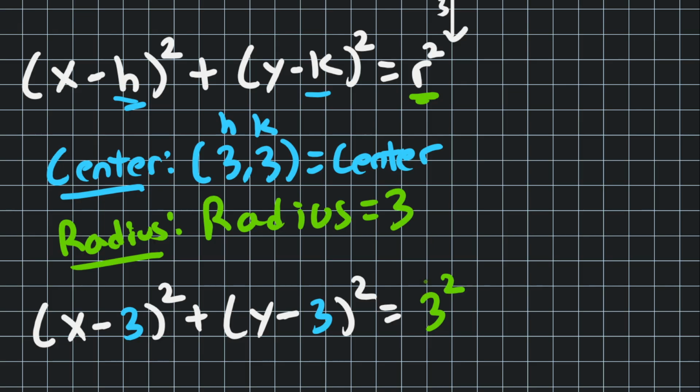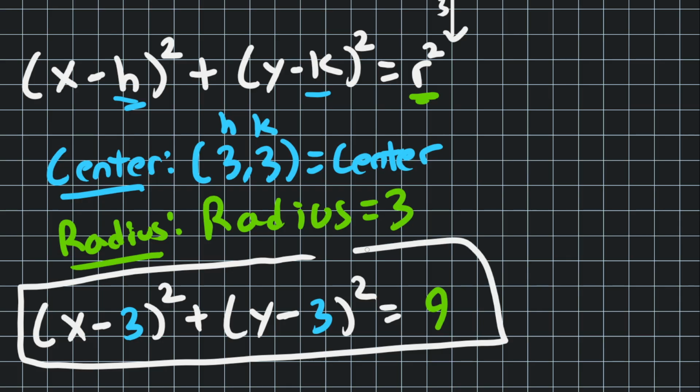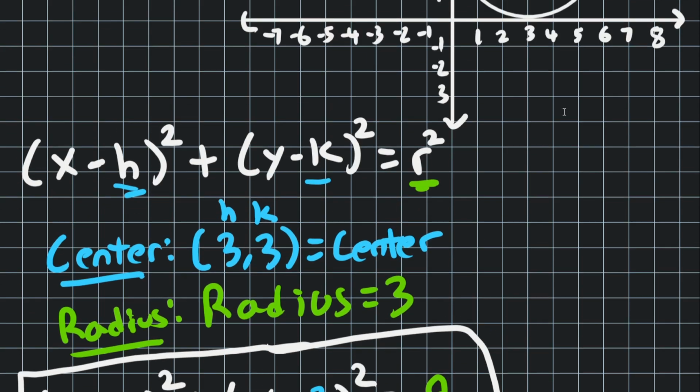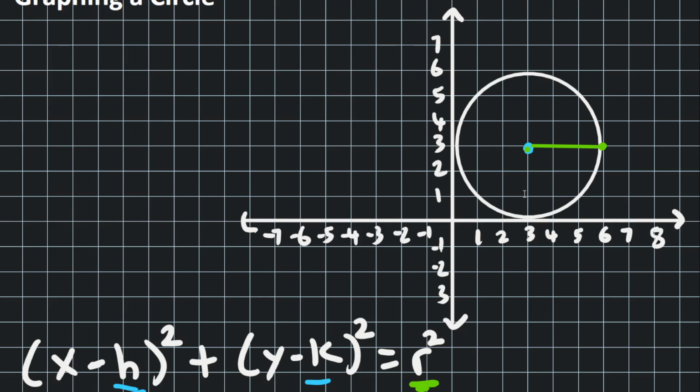And then just to simplify this, 3 squared comes out to 9. And there we go. That is the equation for our circle. X minus 3 squared plus y minus 3 squared equals 9. And that is the equation for this circle right here.